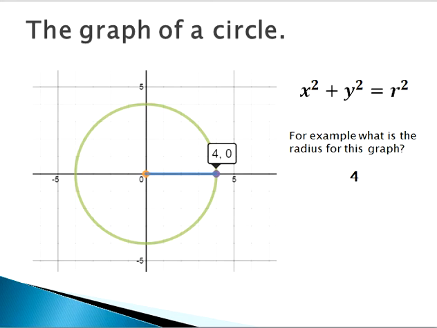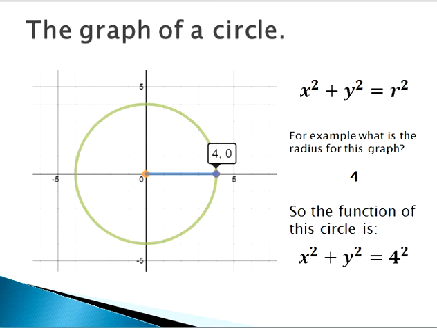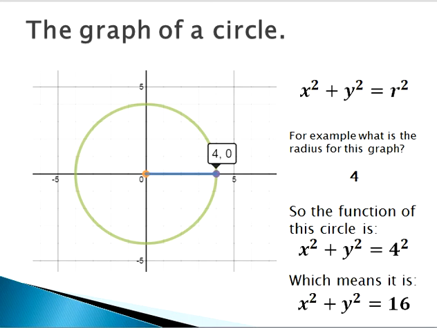The radius here is 4, because from 0 to 4 is the distance from the origin, the center, to the circle. If we plug it into the function, it will be x squared plus y squared is equal to 4 squared. Most of the time we'll just write 4 squared as 16. So the function for this circle is x squared plus y squared is equal to 16.